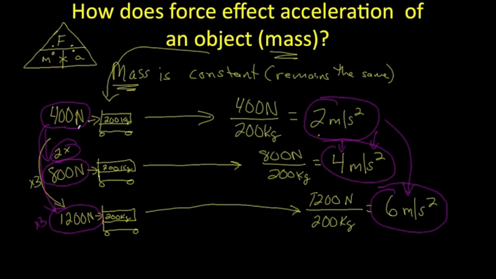Okay, so just a quick recap. As long as the mass remains constant and that mass stays the same, remember, all these masses are 200 kilograms, the harder you push, the greater the rate of acceleration is going to be. So if you double the force, acceleration doubles.